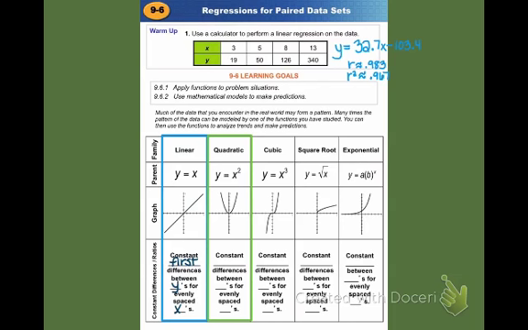A quadratic function has a constant second difference between the y's for evenly spaced x's. So if we looked at the first differences and they weren't the same, then we would subtract those differences, and if those were the same, that would be called a constant second difference, and that would be indicative of a quadratic function.